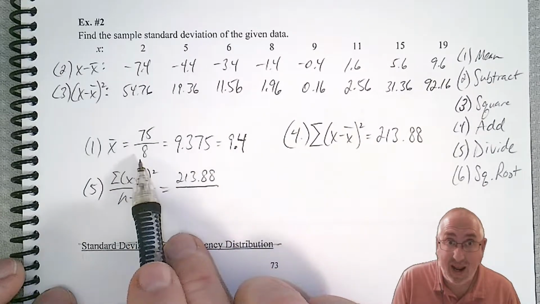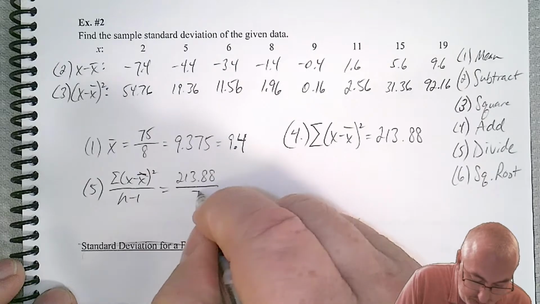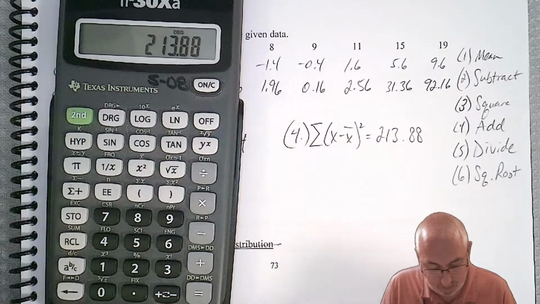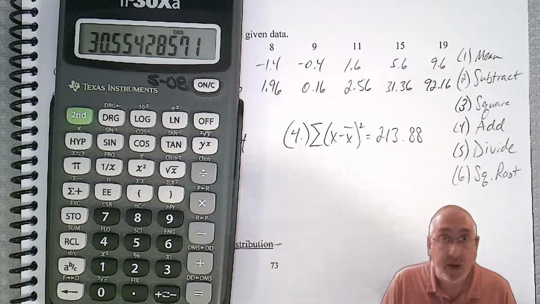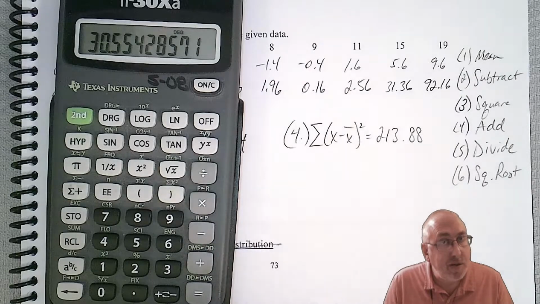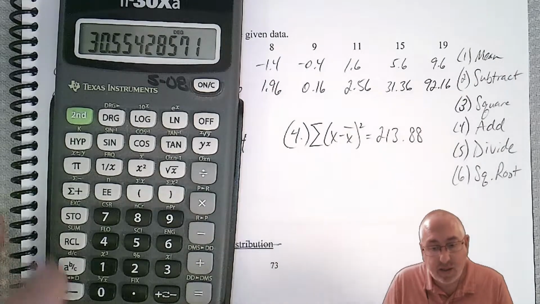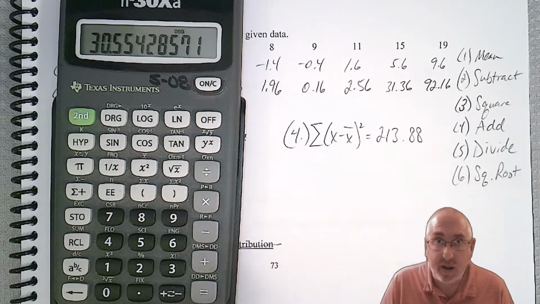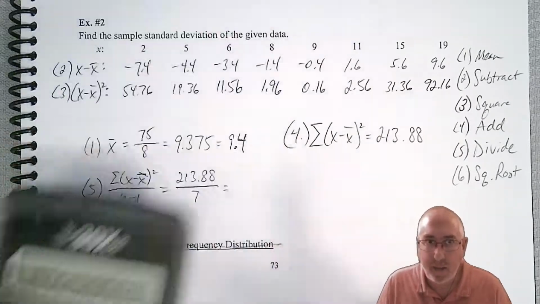Remember, n was 8, so n minus 1 better be 7. So let's divide that by 7. You can see I just left the results in the calculator because typically you can use them for the next step. So don't clear it every time you do a calculation. Leave it in there until you know you're not going to need it.